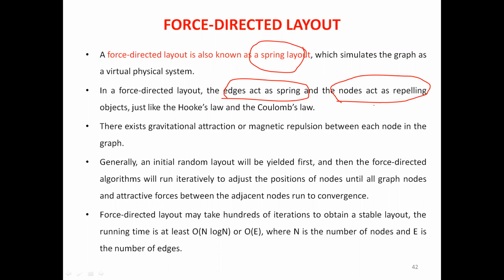Nodes act as repelling objects, and edges act as springs. This resembles Hooke's law and Coulomb's law. There exists a gravitational attraction or magnetic repulsion between each pair of nodes.